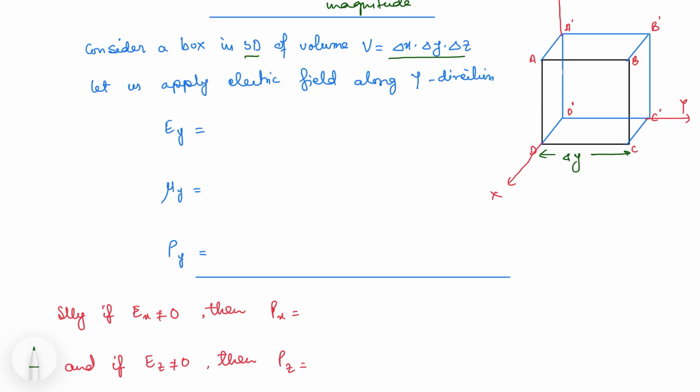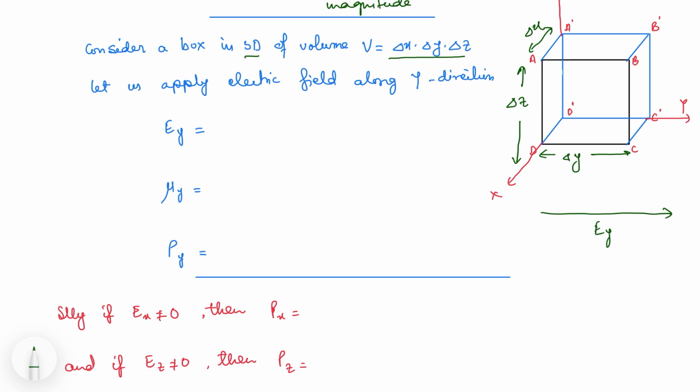So the y direction, according to this figure, is left and right. The x direction is front and back. So this direction is the x direction, its thickness is delta x. Along the z direction, its thickness is delta z. Z is the up and down direction, right? So let us say we are applying an electric field only along the y direction, that is from left to right.